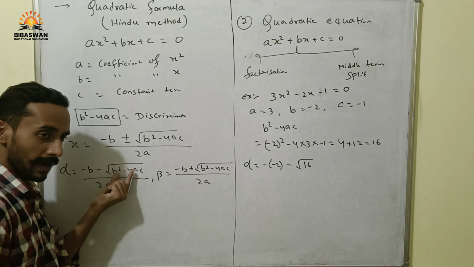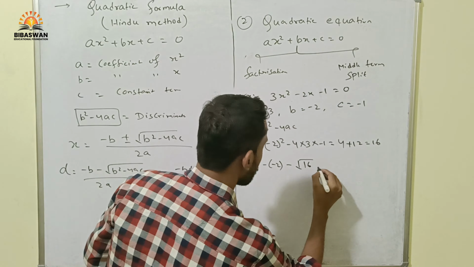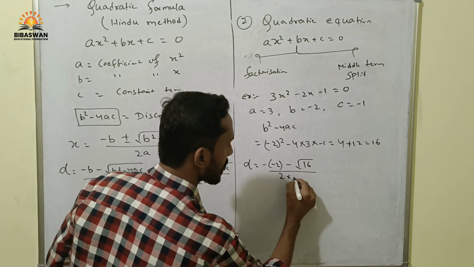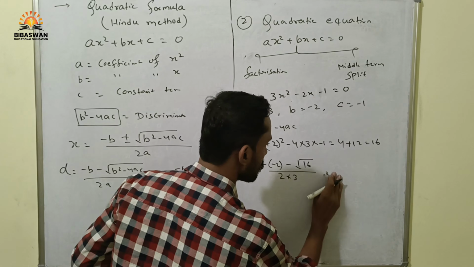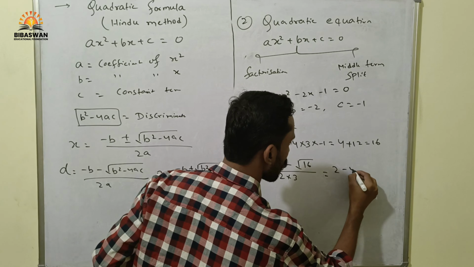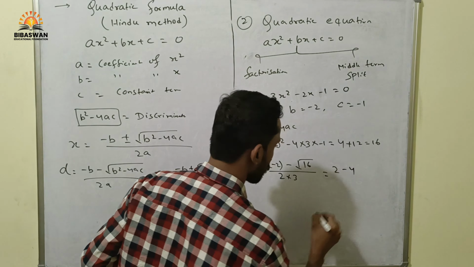So b square minus 4ac is 16, root over 16 by 2a, 2 multiplied by a, 3. So this becomes 2 minus 4 by 6, that becomes minus 2 by 6, minus 1 by 3. Is this a root? Yes. On the basis of factorization, minus 1 by 3.